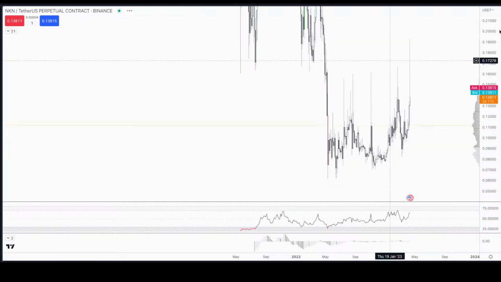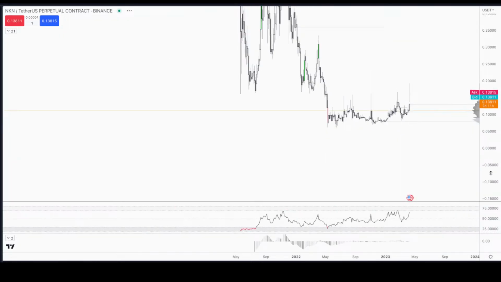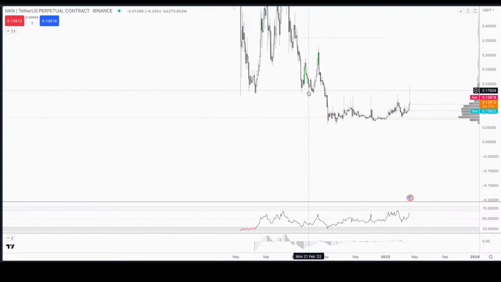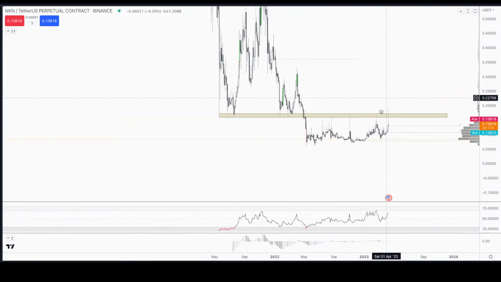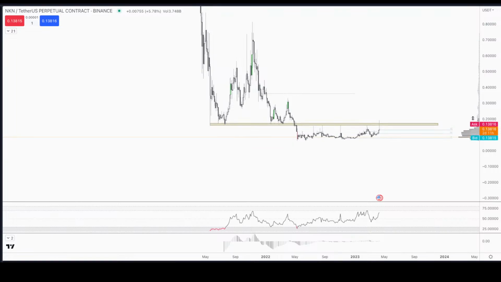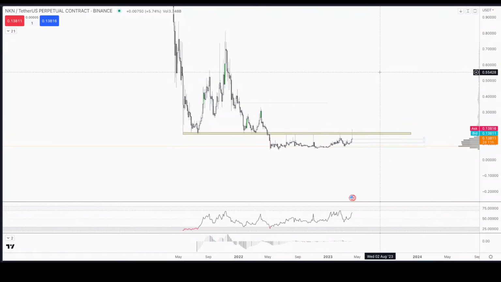My favorite kind of chart. Just constant dump. Yeah, the interesting thing is, if it starts holding above here, I think it's gonna just do the same in reverse.